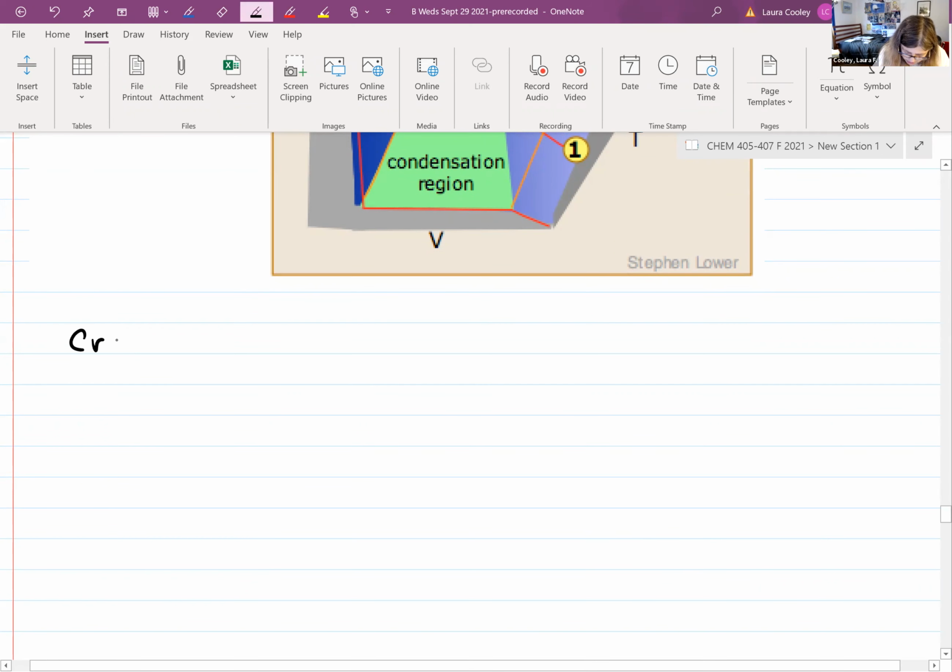All right. So if a gas has a high critical temperature, what does that mean? Okay. If the critical temperature is high, that means that a high temperature is needed for that gas to avoid liquefaction. Means that gas needs a high T to avoid becoming a liquid.